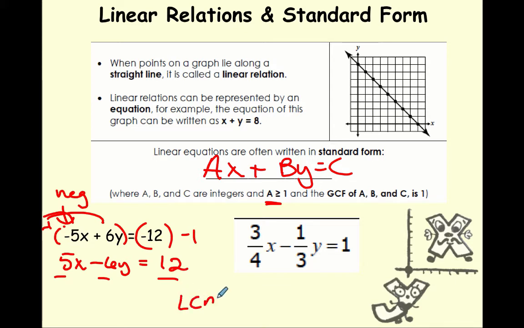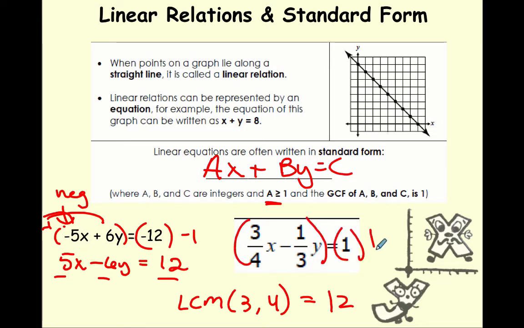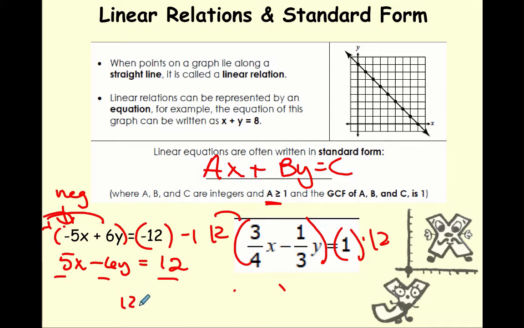The least common multiple of 3 and 4, which are our denominators, is 12, since 3 times 4 makes 12 and there's no smaller integer that they both are multiples of. So I'm going to multiply everything on both sides by 12. When I do that, I end up with this. 12 times 3/4, I'm going to do this off to the side.